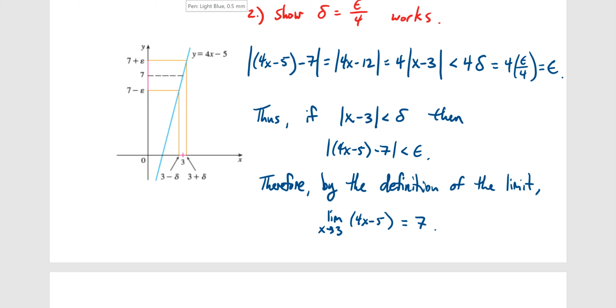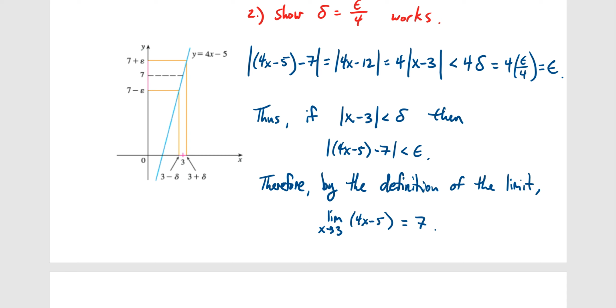And then we have 3 minus delta and 3 plus delta. So if we choose any number that's within this little interval next to 3, then it guarantees that the y values will be within epsilon units of 7.